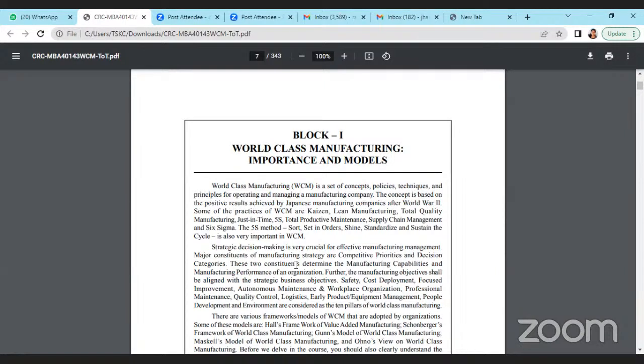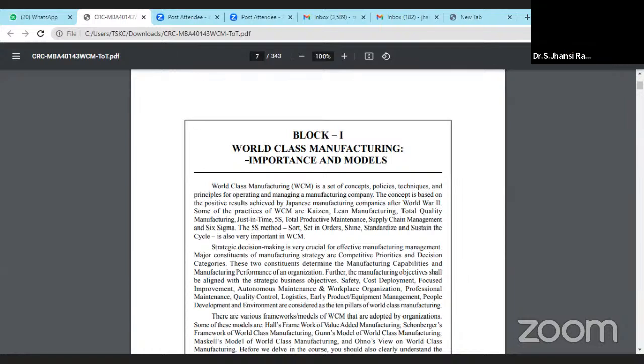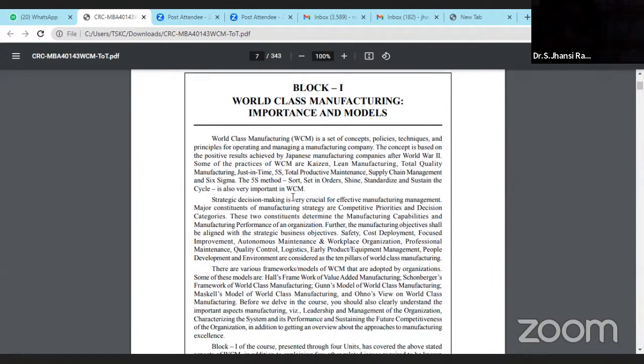So world-class manufacturing is a set of concepts, policies, techniques and principles used for operating and managing a manufacturing company. This concept is based on positive results because it was applied by Japanese manufacturing companies after World War II.